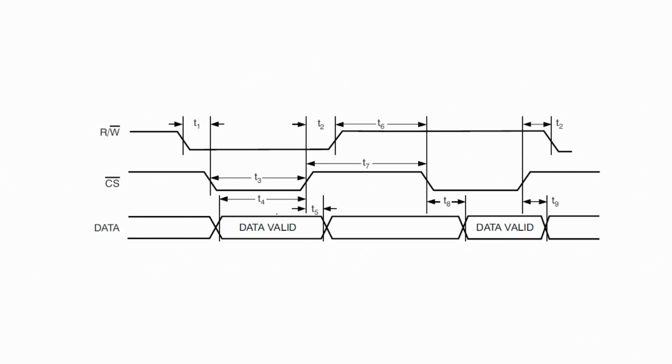We saw that chip select is an active low signal, correct. That is why when it goes low, the data is valid, meaning the data has been latched; till then the data will not be taken as valid. Then the write signal: when this signal is low, that means it is a write.